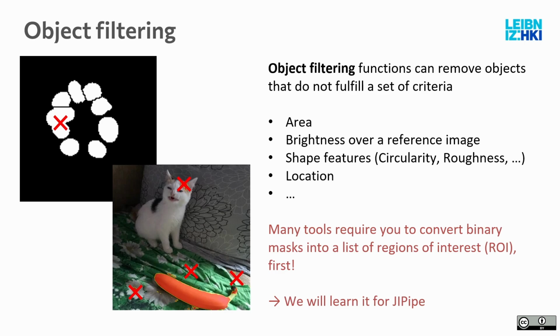Imaris does it differently to ImageJ, differently to OpenCV, differently to whatever Python uses, scikit-image. Every tool calls it differently, and the algorithms are called differently as well. We learned it for JIPipe and ImageJ, so they are very related to each other, and here they usually work with regions of interest, as they're called.